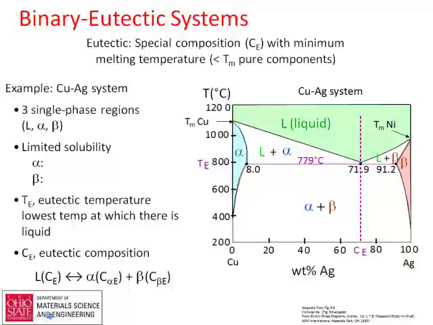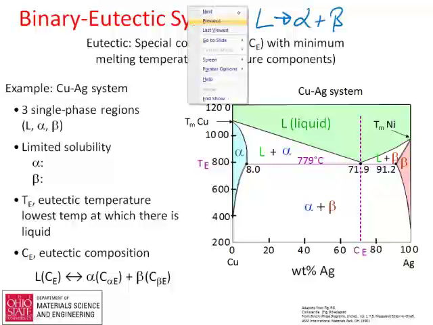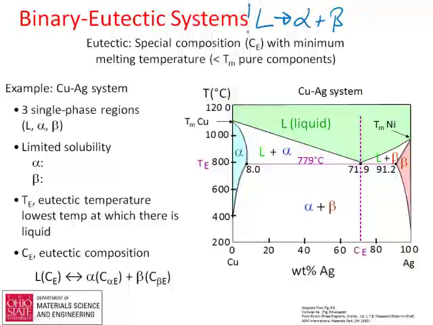So now what I want to do is make things a little bit more complicated, talk about binary eutectic systems. And the definition of a eutectic is a point where you've got liquid going to a solid phase alpha plus another solid phase beta, and that's our primary definition of a eutectic. Okay, so here we've got the same sort of thing.